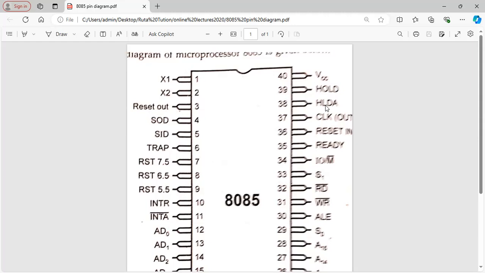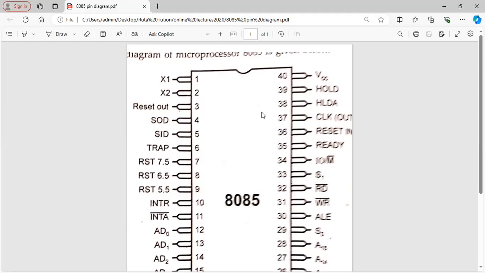Hold and hold acknowledge. Hold is a signal given by the external circuitry to the microprocessor when it wants to access the memory directly for DMA operation. For DMA operation, the external device sends the signal to the microprocessor, and the microprocessor acknowledges that signal by giving a high signal on HLDA.